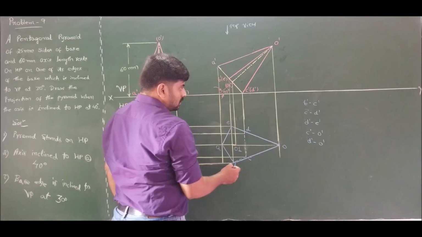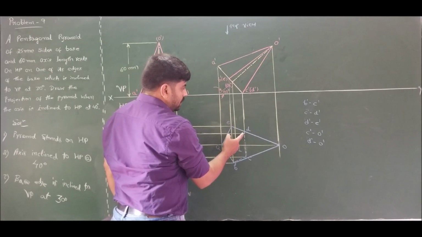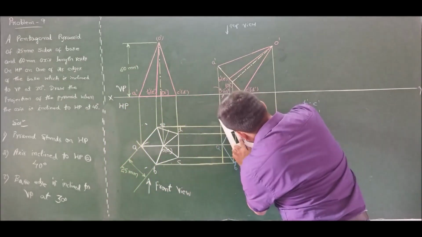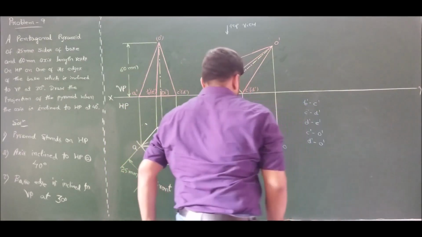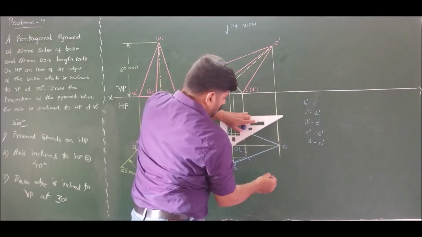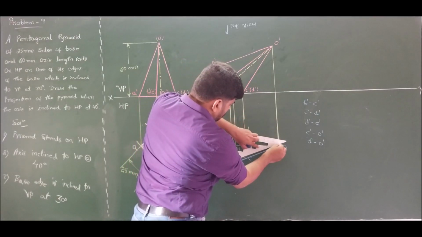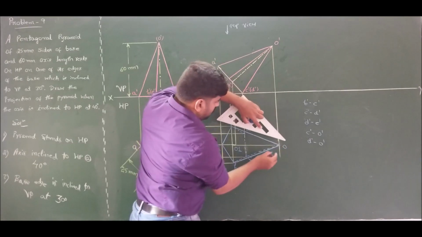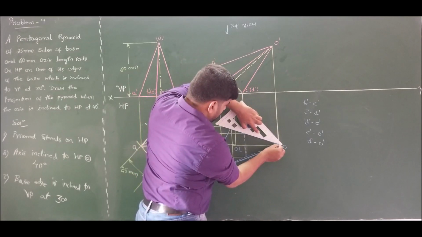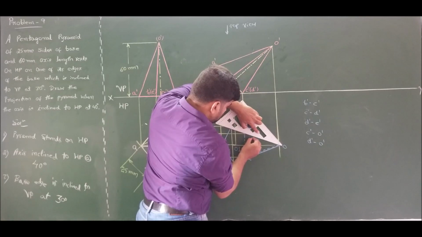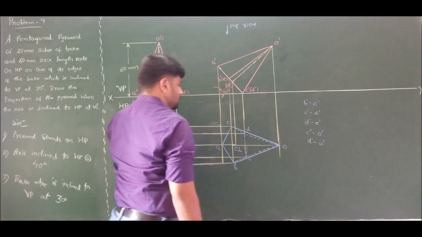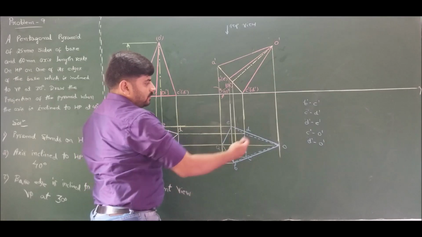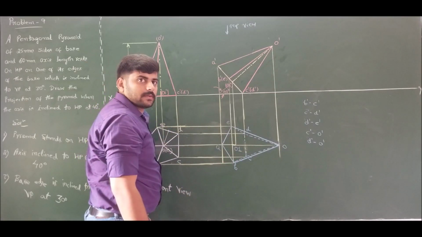D to E is also not on the boundary, mark it as invisible. Finally, C to O is also not on the boundary, mark it as invisible. And D to O is also not on the boundary, mark it as invisible. So all these edges are marked as invisible because none of them are on the boundary of the pyramid.